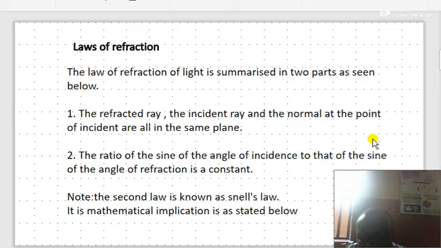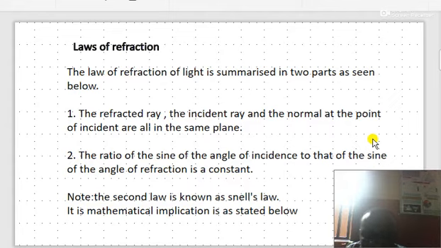It is constant for a particular pair of media, which means for light traveling from air to glass, or from glass to water, or from air to water, the ratio remains constant.